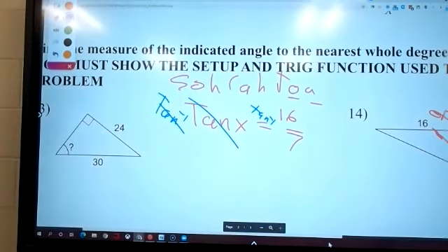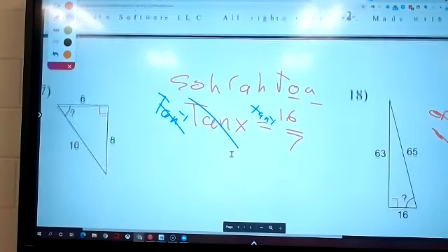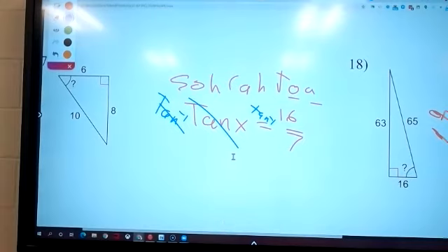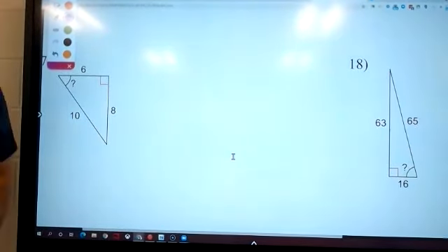Everybody agree with that? And then I'll find the inverse tangent. Do we agree, Connor? Yes.